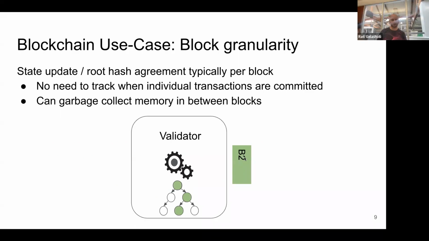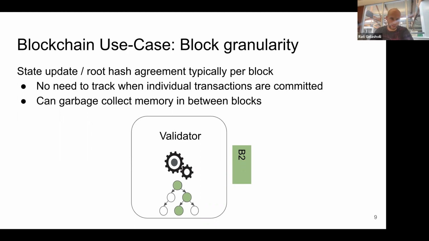So what we'll try to do in the next few slides is give you some idea of why the blockchain use case has some characteristics that make it possible for us to design a specialized and very efficient STM system. Some of these are convenience, and some are algorithmically important.